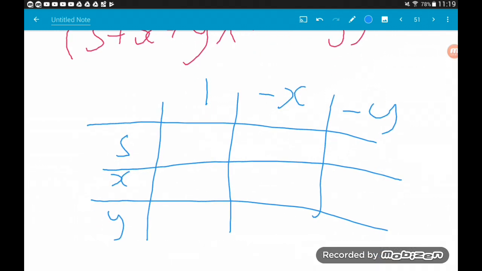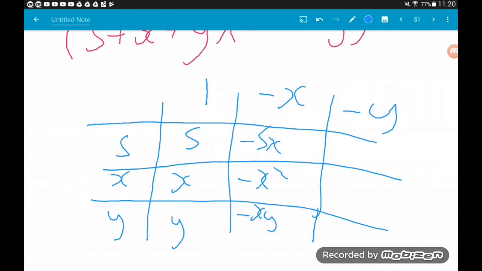So, 5 times 1, I think that's 5. Good times. x times 1 is x, y times 1 is y. That was alright. 5 times minus x is minus 5x. x times minus x is minus x squared. y times minus x is minus xy.